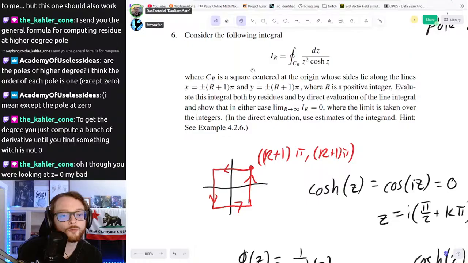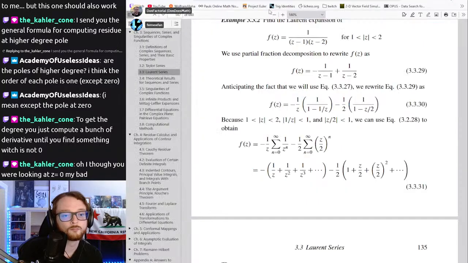If r equals 0, maybe it's enclosing minus r to r plus 1, or it might be minus r minus 1 to r, because when k equals 0, we're already at the plus pi over 2 pole, and minus pi over 2.